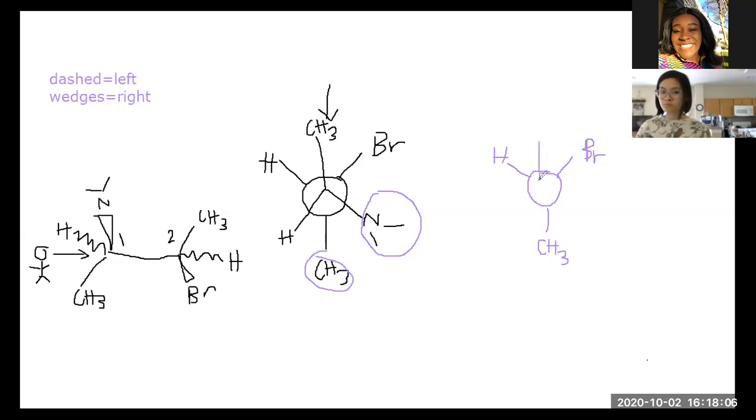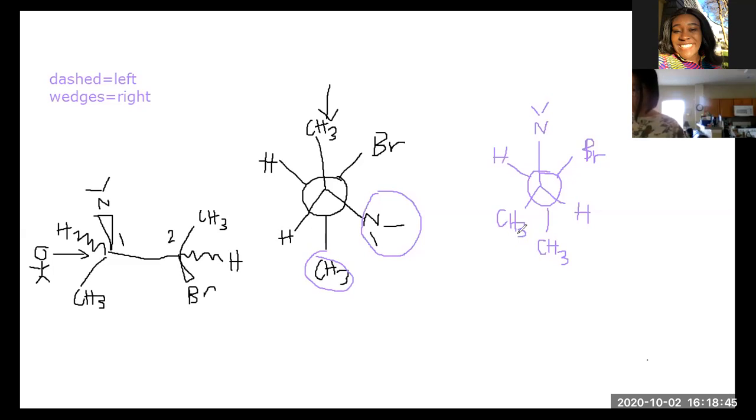So when you draw it here, the nitrogen will go here. Notice I'm just rotating it this way, so it pushes everything that way. So the hydrogen will go where the nitrogen used to be, and the CH3 will go right here. And that's how you do the most stable.